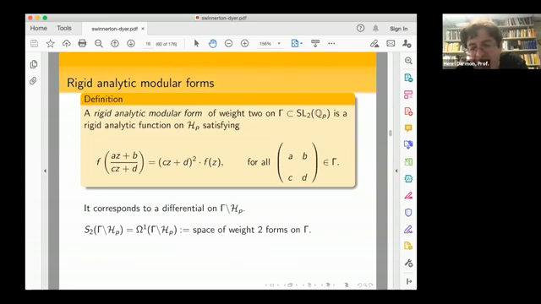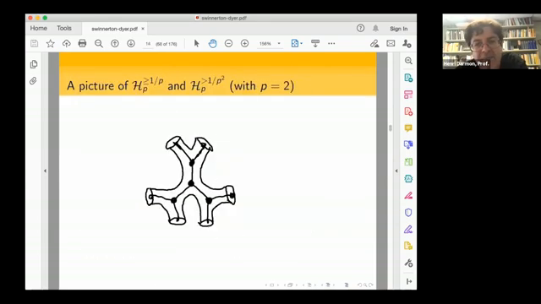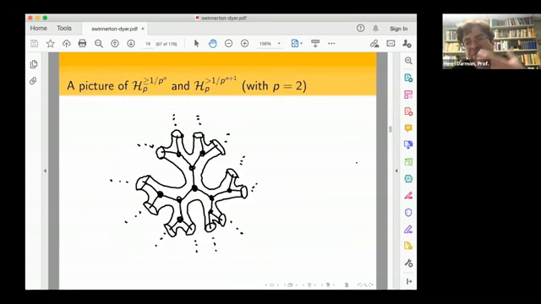Going back to this picture, I'm not going to say too much about how this is defined, but it's very simple. If we have a differential on H_p, we can look at its restriction to these Siegel-like domains and then calculate their residues. Now, this differential is just a uniform limit of rational functions, where all the poles are concentrated on these removed disks. So for every disk, we can look at the sum of the residues and then take the limits. That gives us a number for every disk, which we then ascribe to the corresponding edge on the tree.